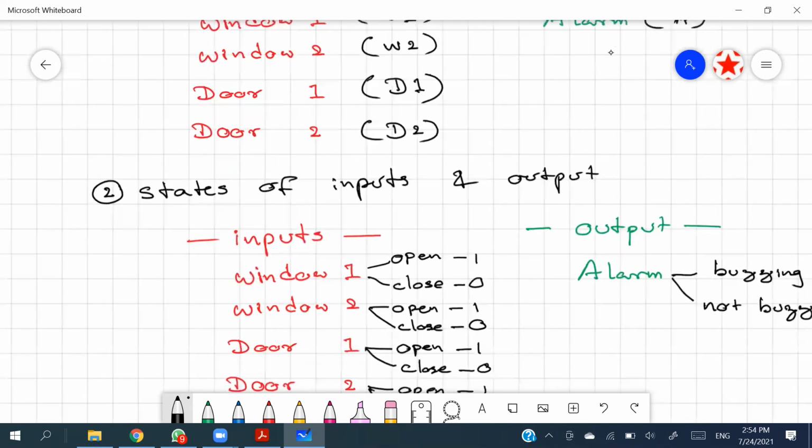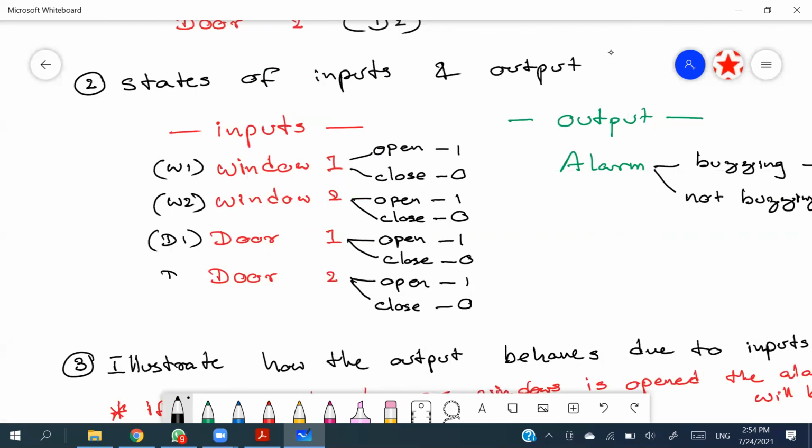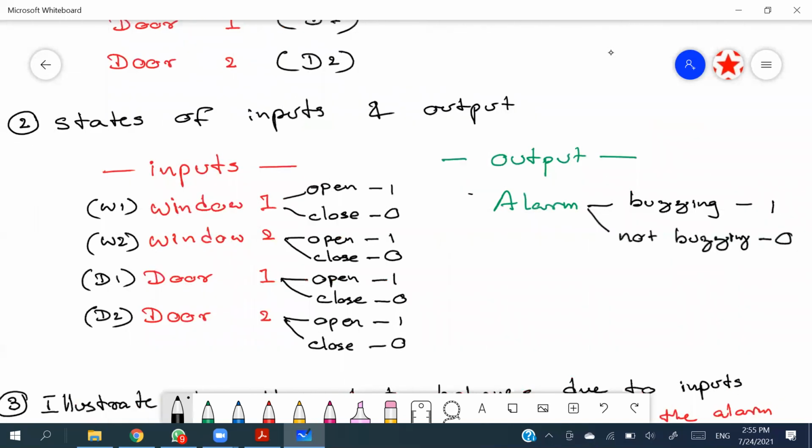So I'll indicate the variables on the left side over here. So this is W1, this is W2, D1, and D2. Right? For alarm, it's A.